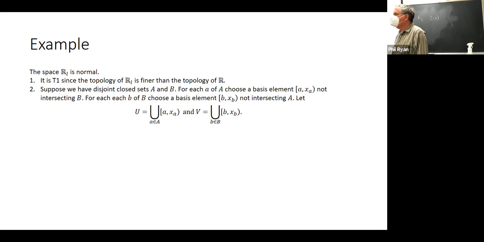Again, we can do that because, oh no, sorry, not intersecting A, right? The set of those is an open set. So that's why we put that open interval. Not because A or B are open, but because the complement is open.